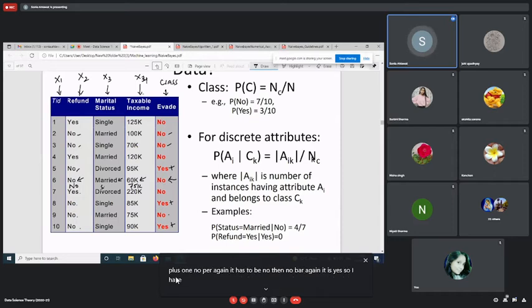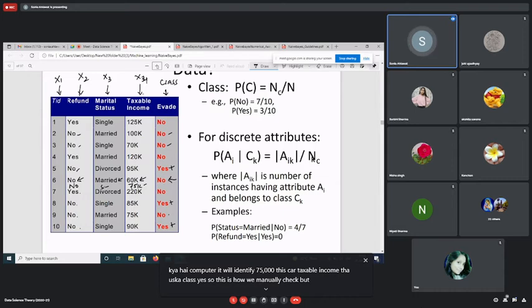So I have 3 positives for the class for no refund, and for no refund I have the rest as no. Then I have to check how many are single marital status, and for the single ones what the evade class is. आपका जो कंप्यूटर है वो इस तरीके से क्वालिफाई करेगा, आपका एल्गोरिथम इस तरह से वर्कआउट करेगा. Similarly it will identify for 75,000 taxable income whether the class falls in yes or no. So this is how we manually check.